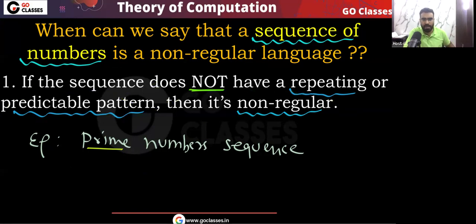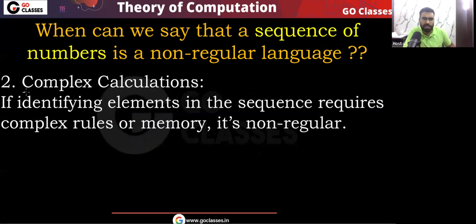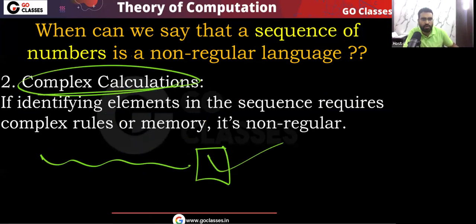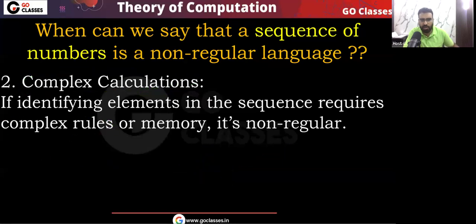language is non-regular. Another point: if there is complex calculation, for example, in the sequence, if you want to find the next element and you need to do some complex calculation or apply some complex rules, then it is non-regular. Okay, another example, can you give me an example for this, where you have to apply some complex calculation to find the next numbers in the sequence?